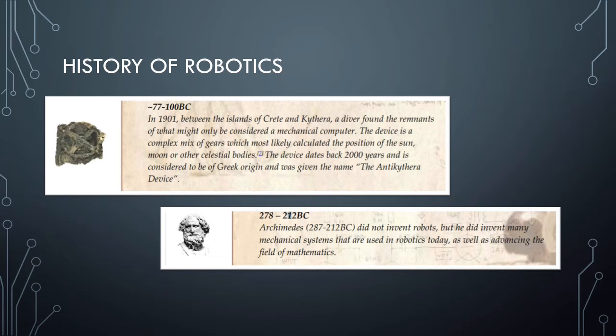So he wasn't designing robots. This was still before even the Antikythera device was thought to date back to in Greece, but Archimedes did come up with a lot of basic mechanical systems or even some more complex mechanical systems that have formed a foundation for robotics, and we use some of these today.